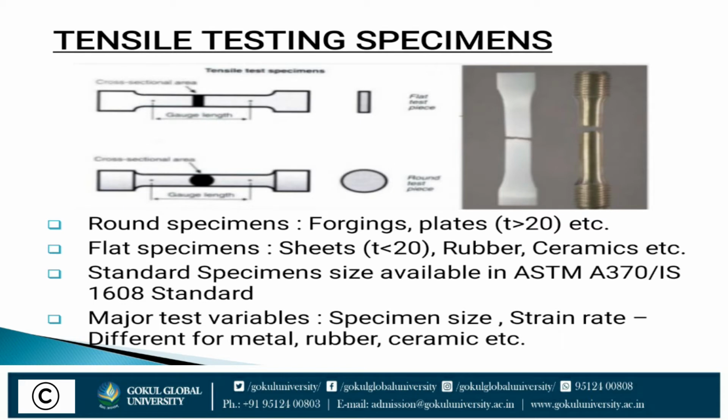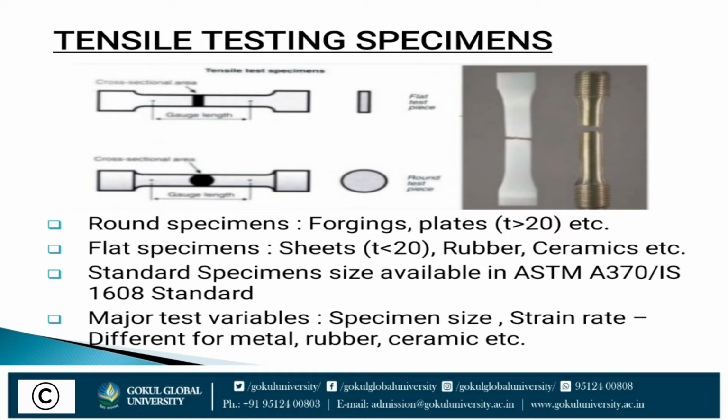Tensile testing specimen. We can study round specimens, for plates and forgings, where thickness is greater than 20. If we use a flat specimen, that is for sheets, where thickness T should be less than 20, and for rubber, ceramic, etc. Standard specimen size is available in the ASTM A370 / IS 1608 standard.